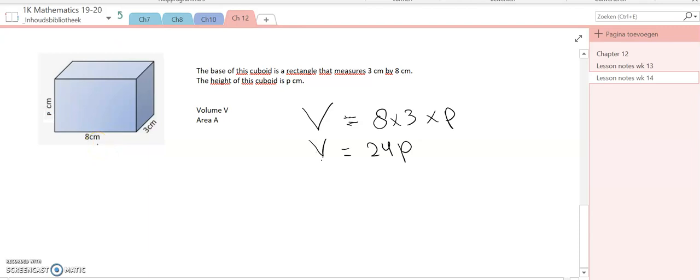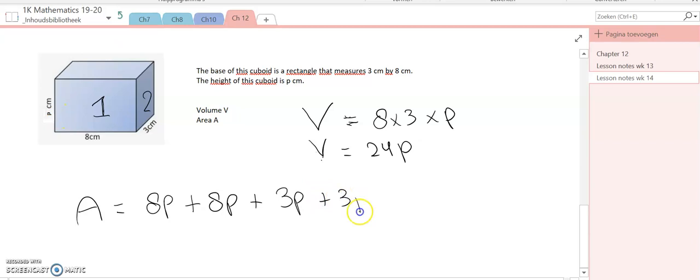To make a formula of the area, the oppervlakte, we start with the letter A. First we calculate the area of this rectangle, and that is 8 times p is 8p. We also have one in the back of this cuboid, so we have another one. Then for this rectangle we do 3 times p, and that's 3p. We also have this one over here, it's hidden, so plus 3p.